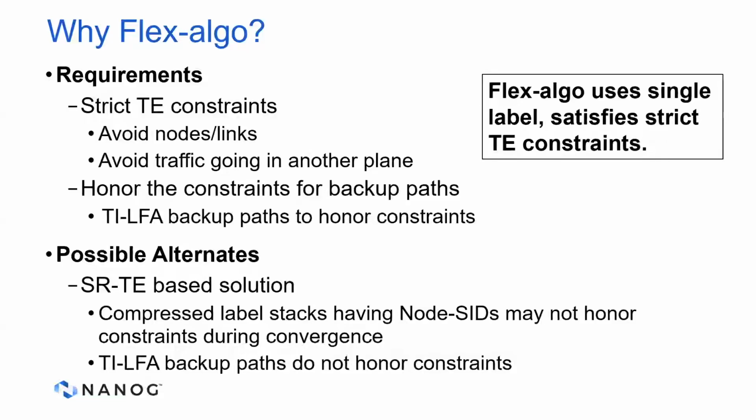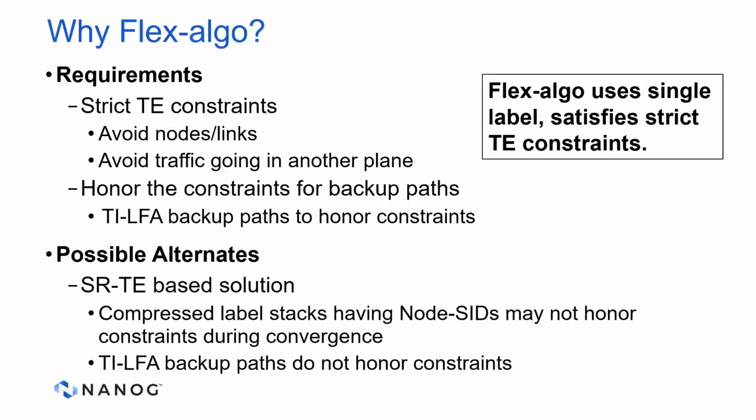So let's see why we need FlexAlgo. You may be wondering, we have various ways of computing the paths that satisfy certain constraints. This could be based on SRTE or other mechanisms such as multi-topology in IGP.